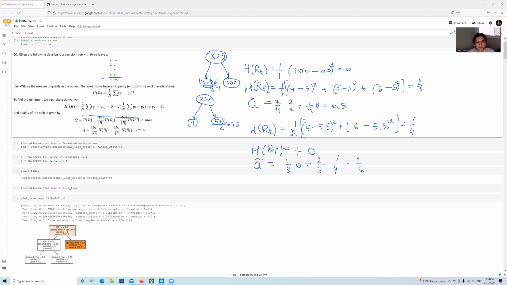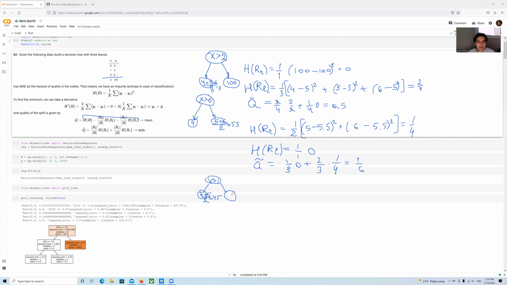If we split in a different way, like x greater than 1, we have here 4 and 5, with mean value 4.5.